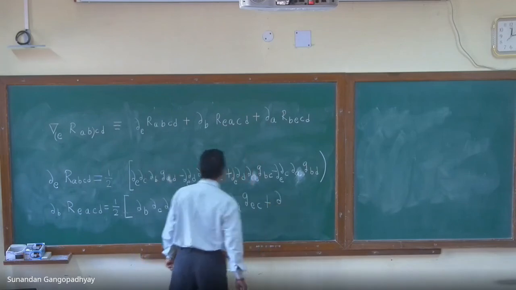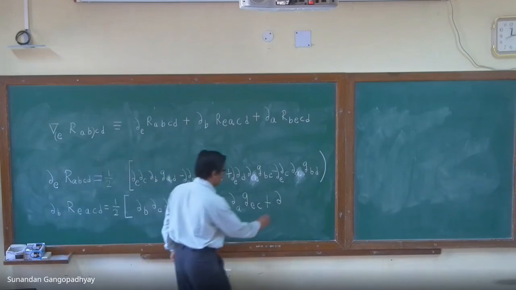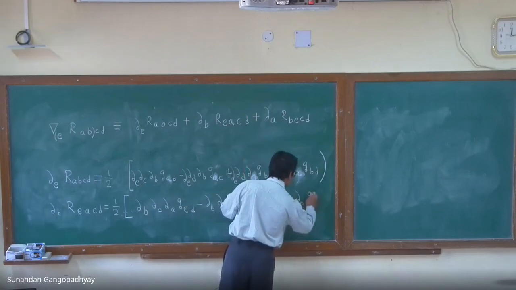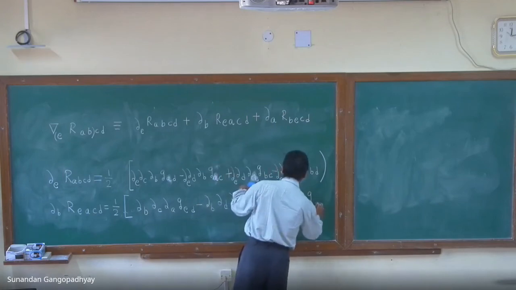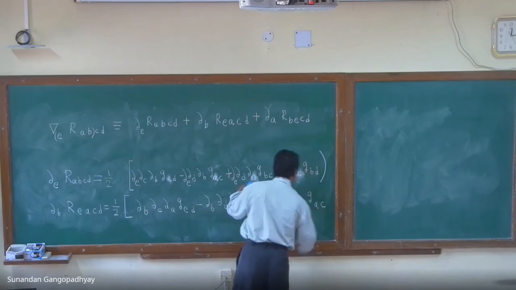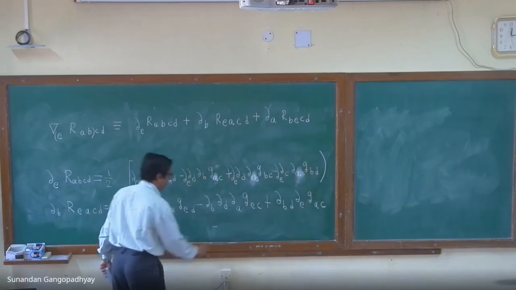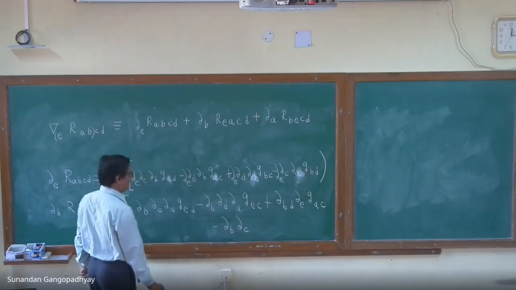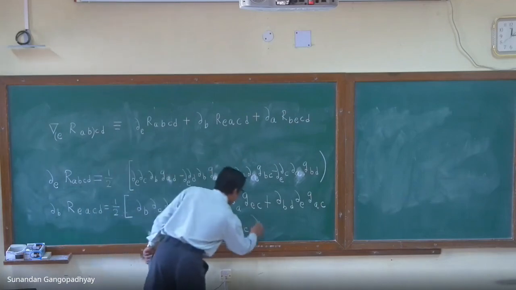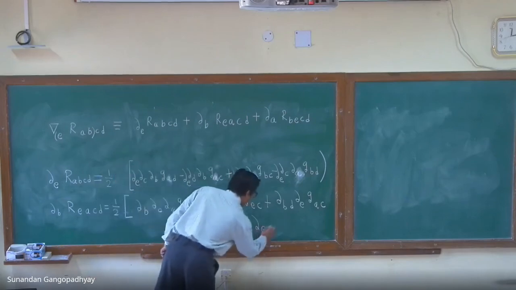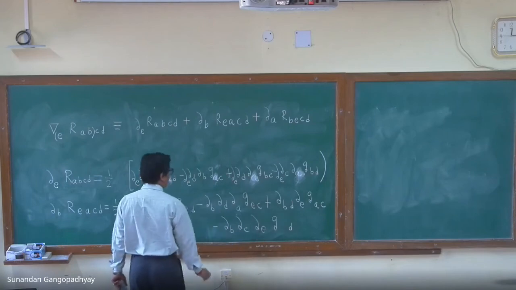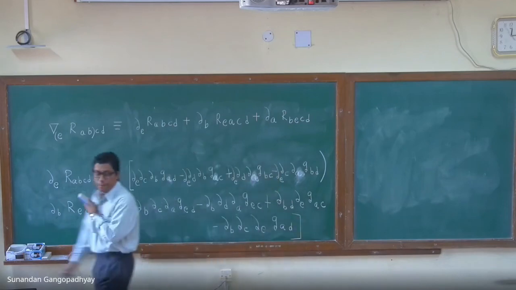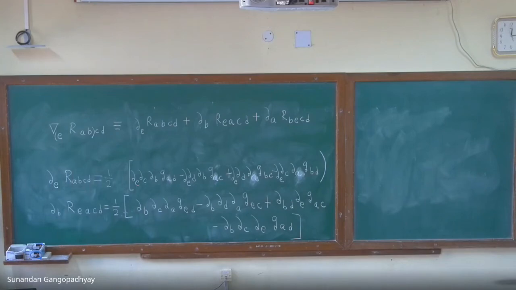Plus del_E is B, D, del_A is A, C. Minus B, C, del_A is B, B. Is it okay?